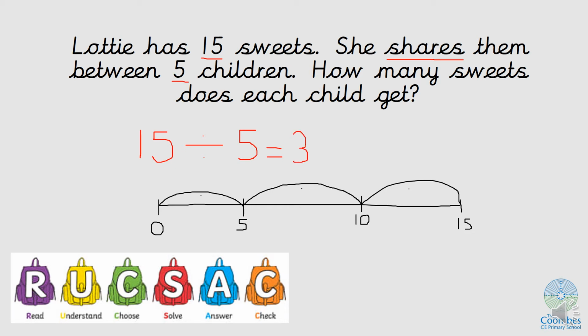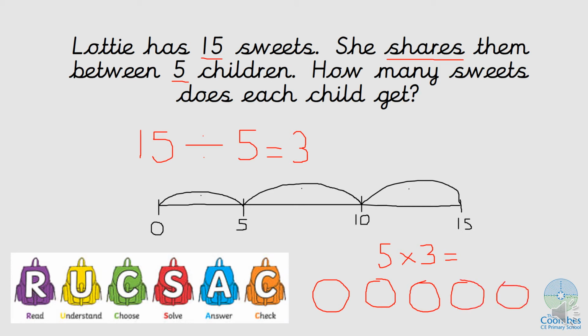Now we need to check it. So this is where I can use my inverse. So I could have 5 groups of 3 or 3 groups of 5. Either way is fine. So I'm going to do 5 groups. 1, 2, 3, 4, 5, and I'm going to put 3 in each.